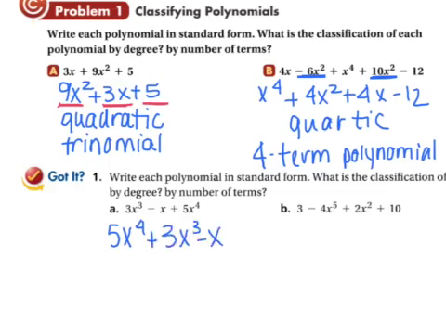Good job. Again, we have degree 4, so this is quartic. Wait, whoa, why is that 4? Because it's degree 4. Oh, okay. 3 terms, trinomial.